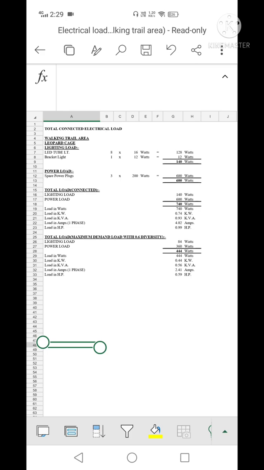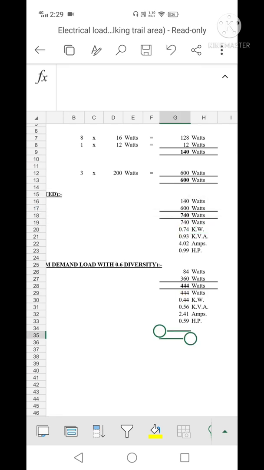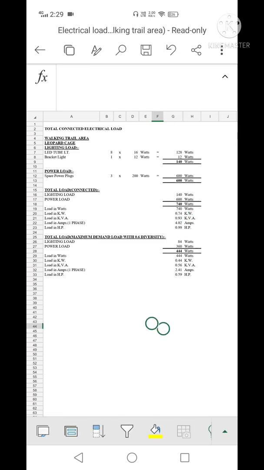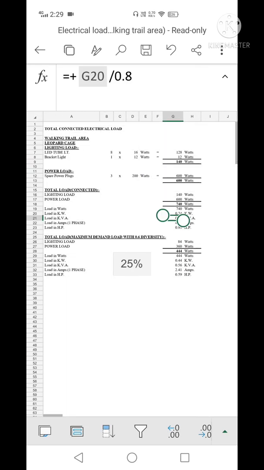After that, we'll convert it into kW. It's very simple, you have to divide it by 1000, and we'll get the kW load. After that, we have to convert it into kVA. For that, we have to divide it by 0.8.